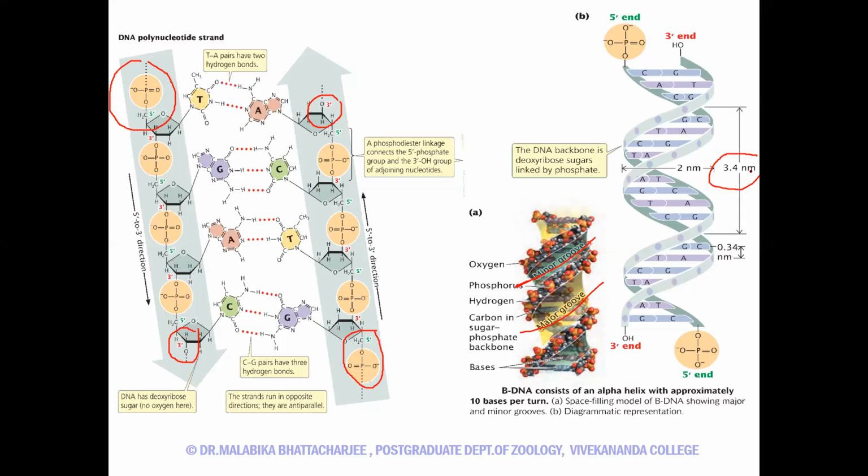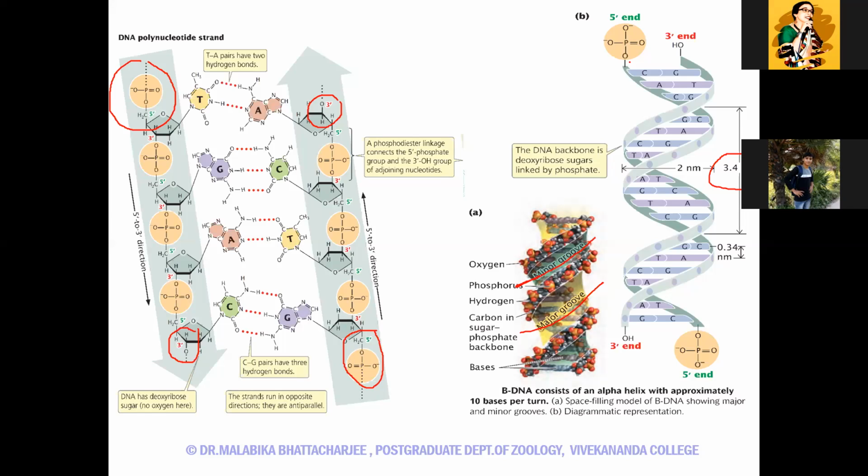So whatever quantification I am saying here is about the B form of DNA. The distance between two consecutive bases is 0.34 nanometer. So we have a 5' end at one side and a 3' end at the other anti-parallel strand, and again a 3' end at one side and a 5' end at the other.